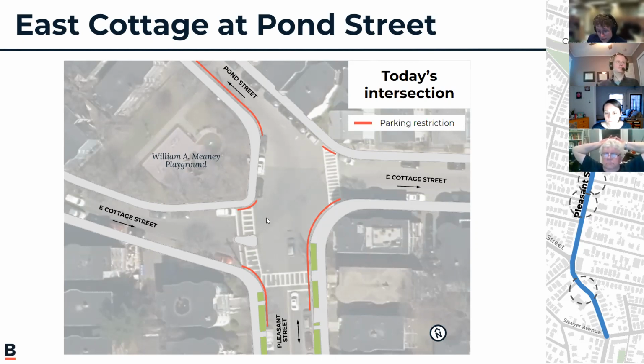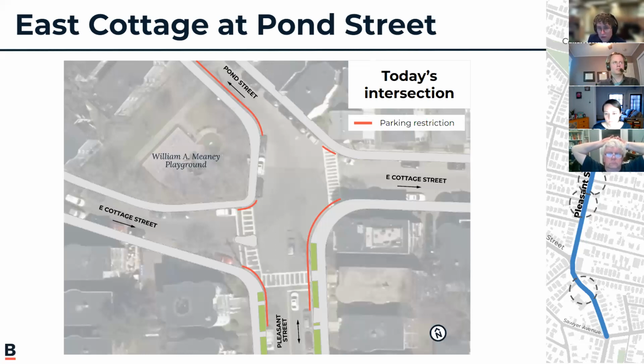Currently there are crosswalks at three legs of this intersection, and there's also a pedestrian refuge island on the west side of the East Cottage Street approach. Many of the ramps are not compliant.